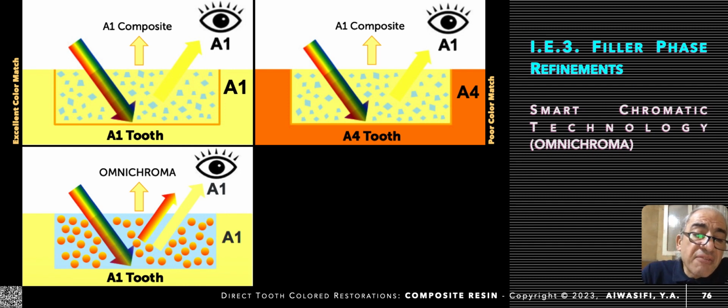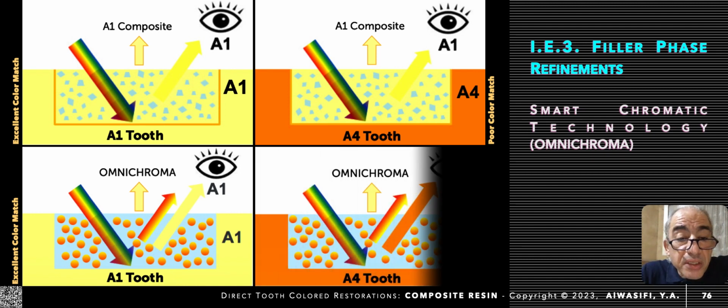They will reflect exactly the color of the underlying dentine. Regardless if it is A1, then A1 will be the dominant color and the others are the recessive ones that could not be observed.